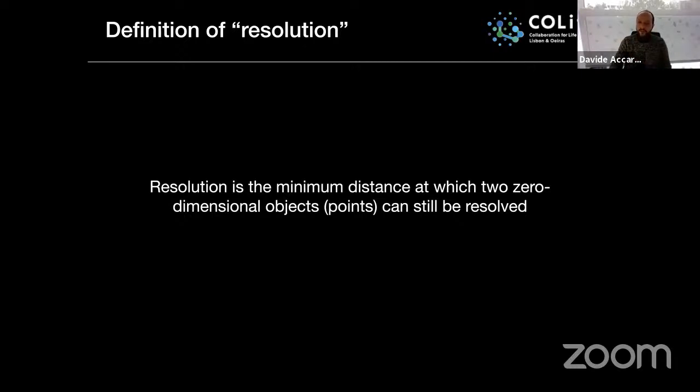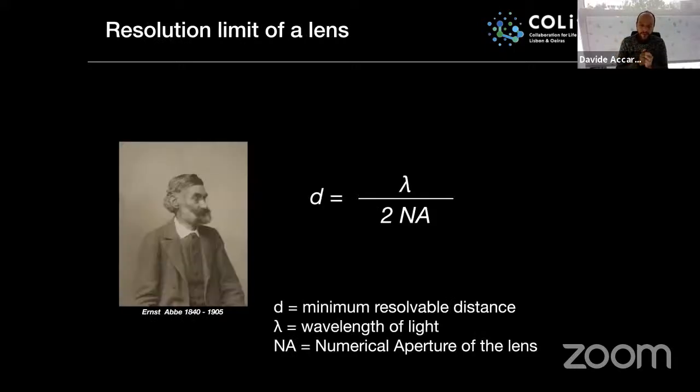We call this minimum distance d, small d, not capital D, because it's the minimum distance. The resolution of a lens was mathematically described for the first time in 1873 by Ernst Abbe, who found that the optical resolution, so the minimum distance resolvable by a lens, is directly proportional to the wavelength of the light that is observed, divided by 2 times the numerical aperture.